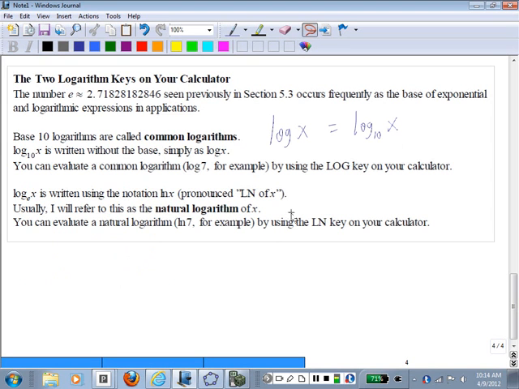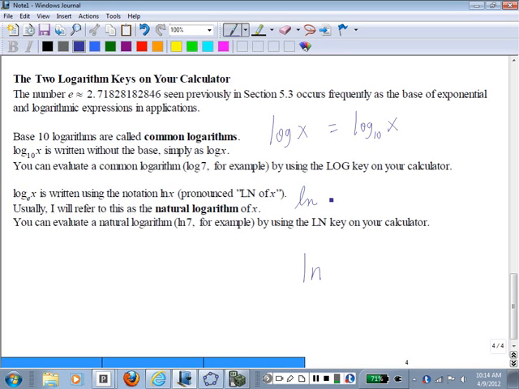When we write ln, and I'll try to use script there, because when I write that it either looks like a 1n or in, so I'll try to use lowercase ln in cursive.